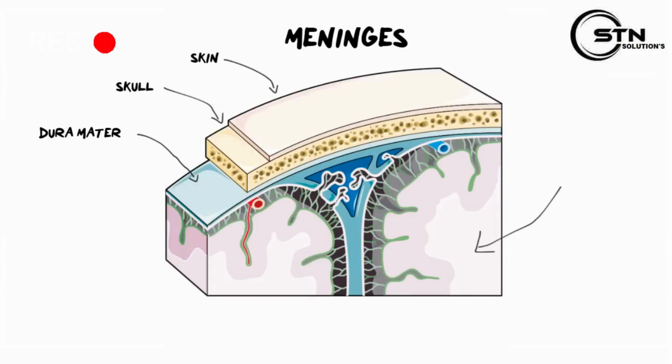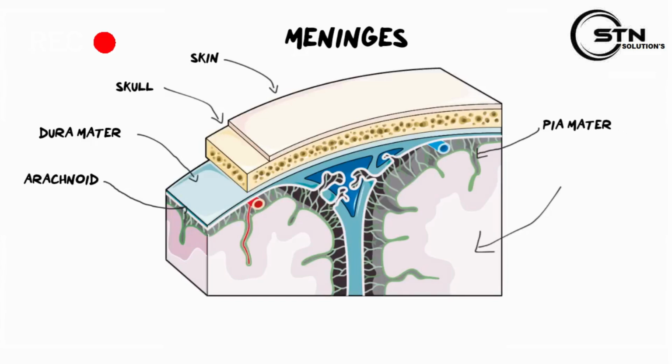Then sitting just below that, in the paler blue in the middle, is the arachnoid layer. It is where all your blood vessels are found. And then the most inner meninge, which sits right up against the actual brain itself, is called the pia mater.